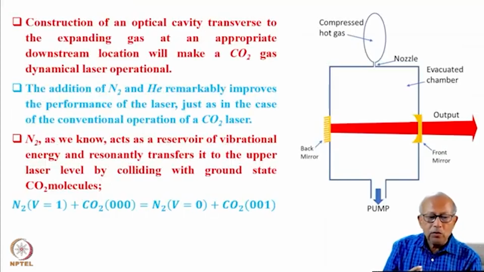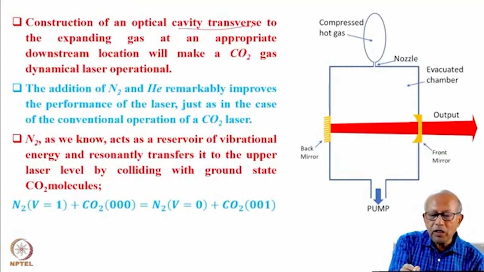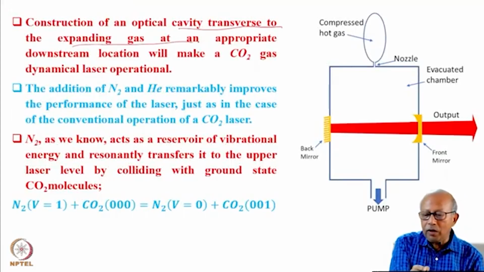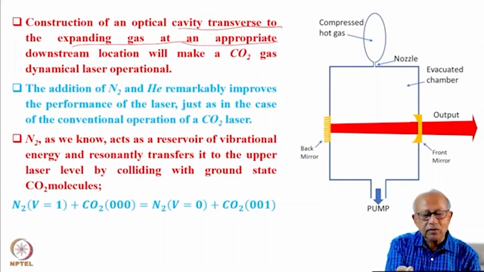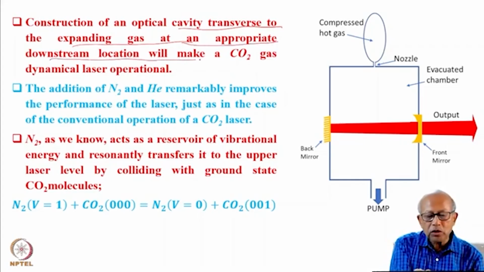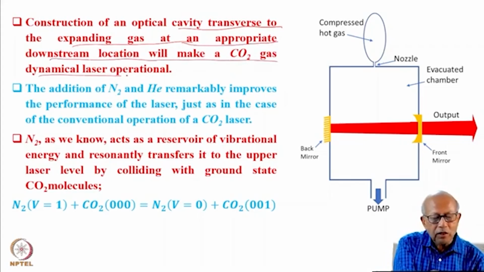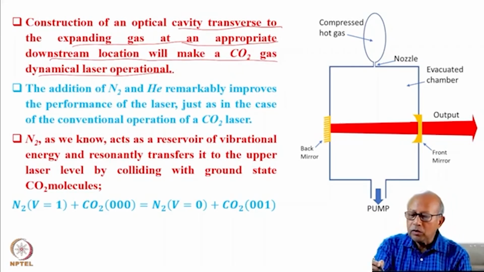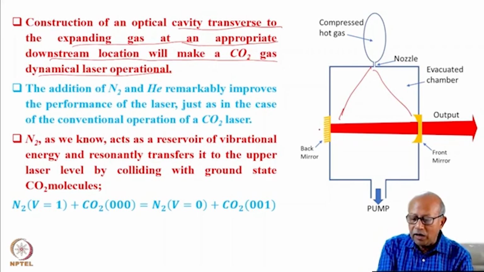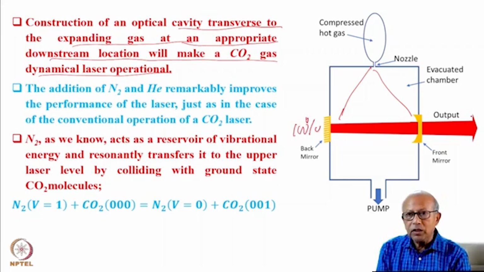Now, as you know, the construction of an optical cavity at an appropriate downstream location in the expanding gas will make the CO2 gas dynamic laser operational. So the gas expands, as it cools, you have a cavity. This is the 100% reflective mirror. This is the partially transmitting mirror.